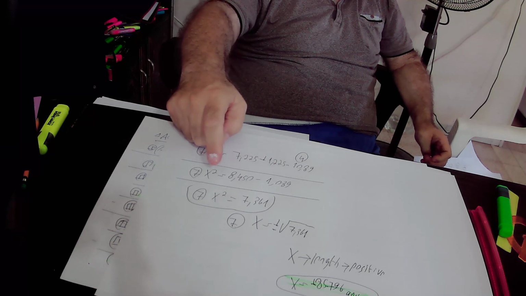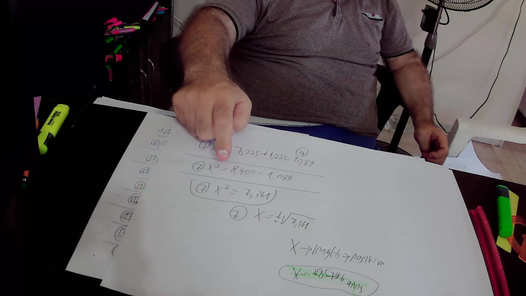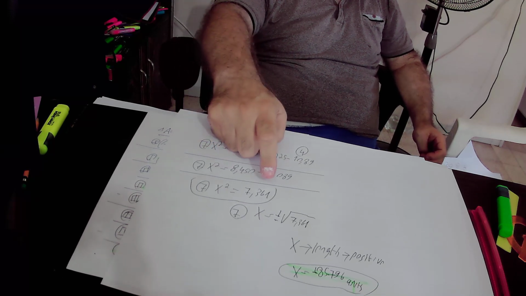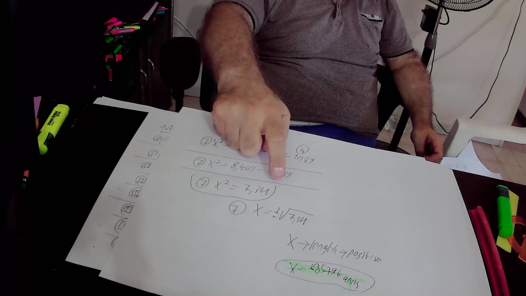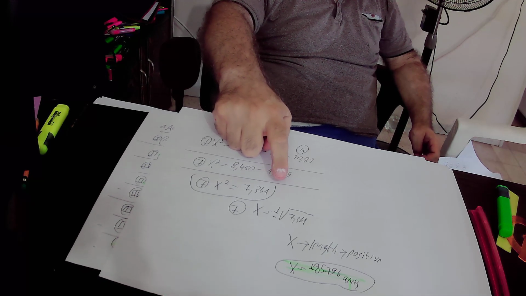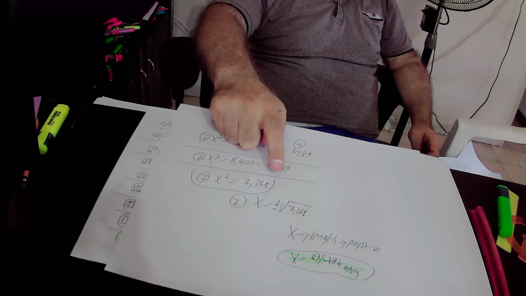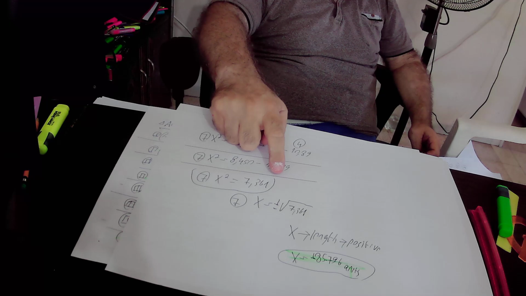We took a root out of this equation and found out that x equals plus minus the square root of 7,361. So we have two solutions for x, the positive solution and the negative solution.